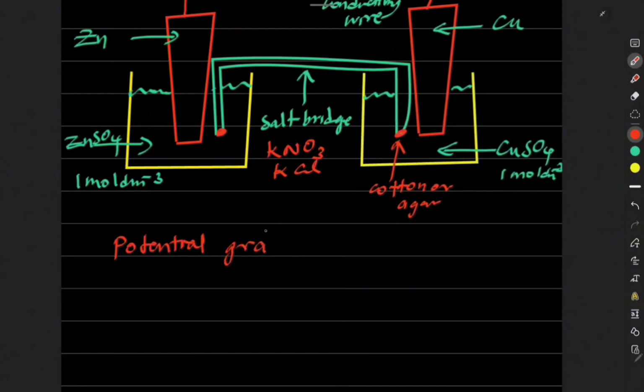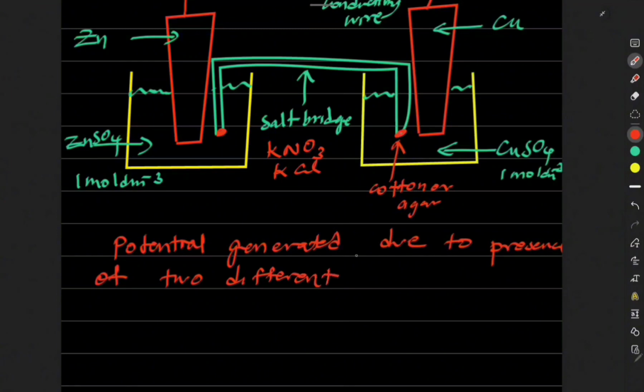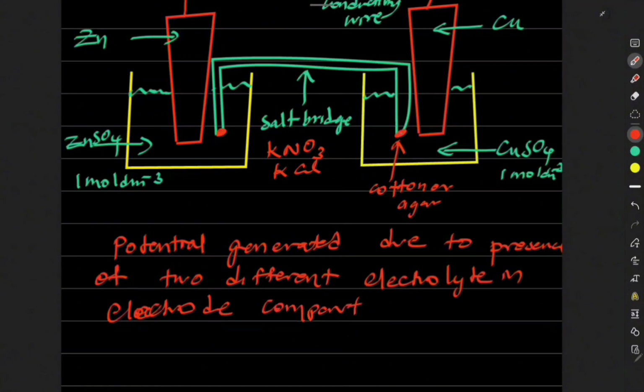Potential is generated due to the presence of two different electrolytes in the electrode compartments, and this potential is reduced by connecting them using the salt bridge.